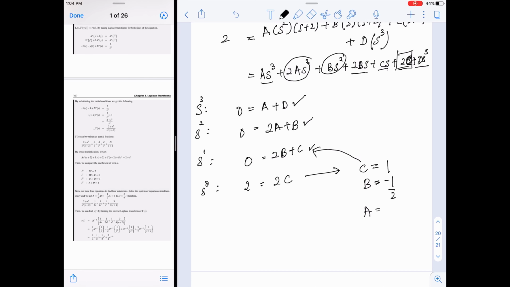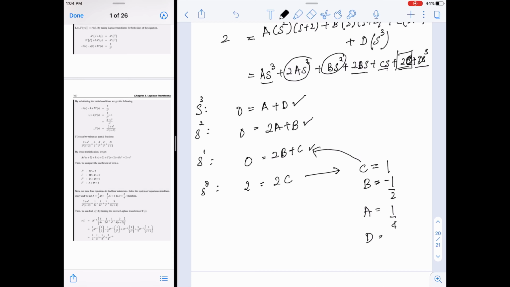Your A is 1 over 4. And then the D, when you substitute your A, what is your D when A is equal to 1 over 4?